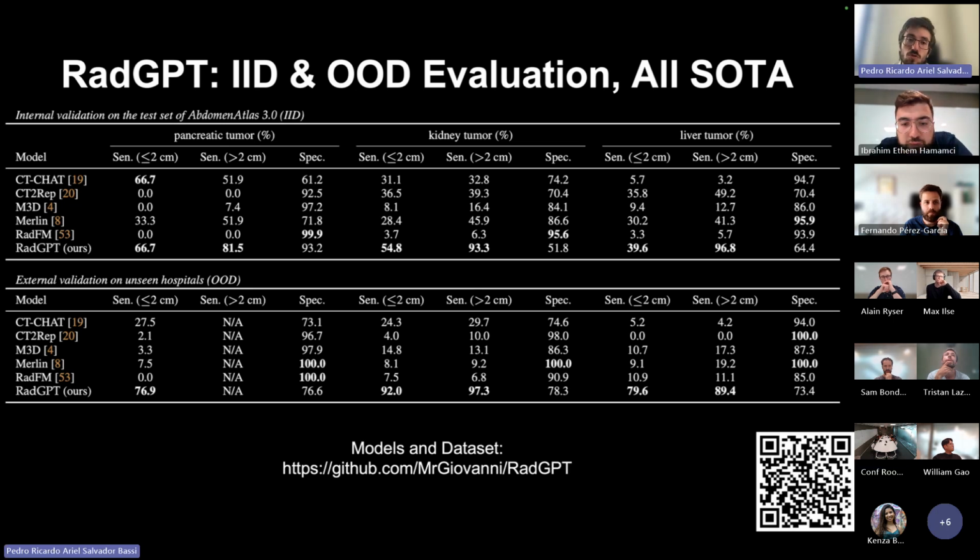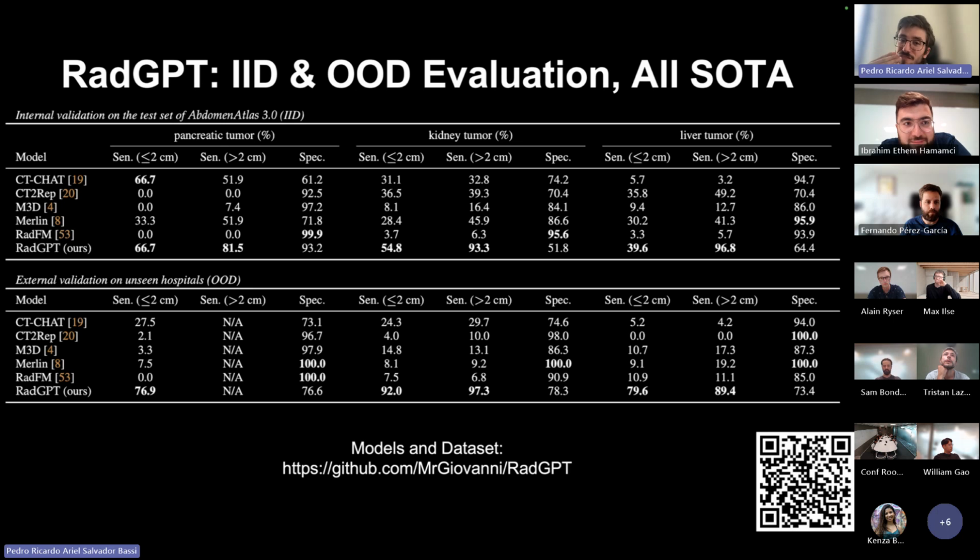But yes, you are right. For some models, it seems they were not able to find many tumors. For example, here RadFM basically could not find any of these tumors. So that's why we have specificity super high and sensitivity super low.